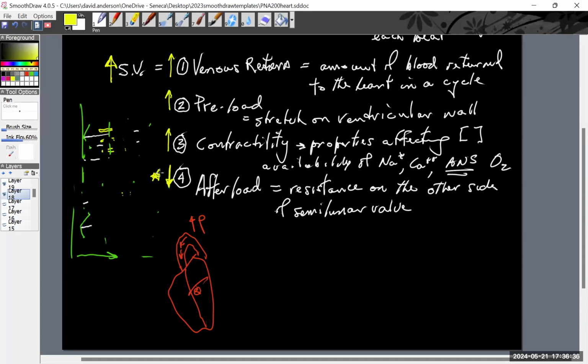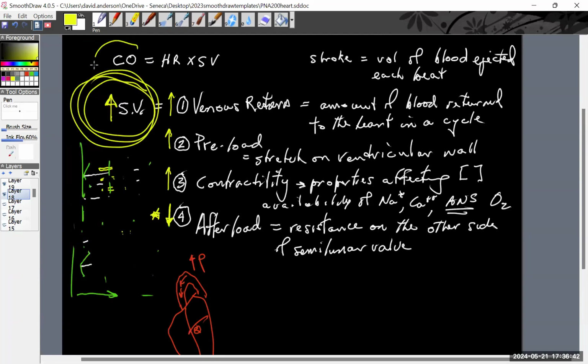So in the interest of improving stroke volume, which in turn improves cardiac output, we would like a good, healthy venous return, a good, healthy preload, the factors that improve contractility to be available, and we would like to minimize resistance on the other side of the semilunar valve. We would like to minimize afterload.